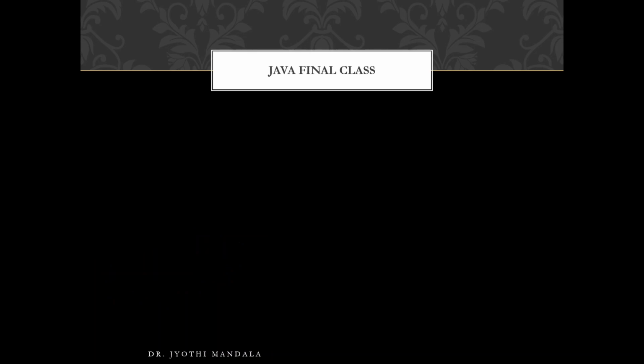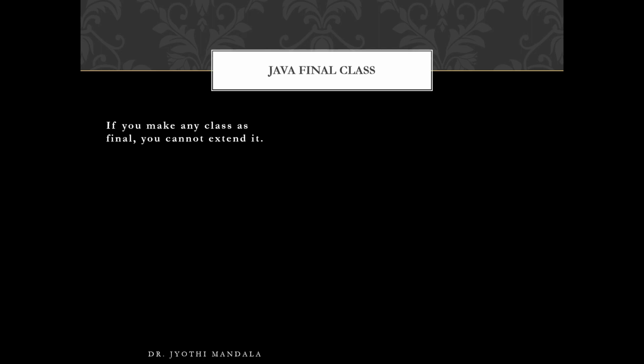And the third way of using the final keyword is with a class. Normally we know the use of inheritance. Inheritance is nothing but the properties of one class being extended by another class. But suppose you don't want what is available in a class to be extended by another class, that means you don't want inheritance of the properties of a particular class, then we can restrict that by making that class final.